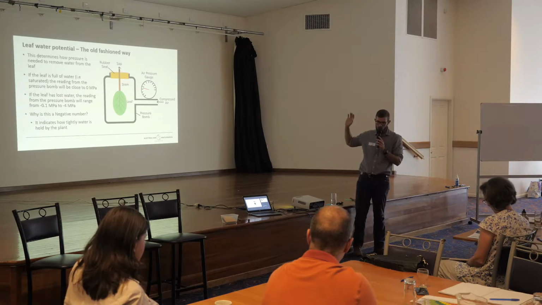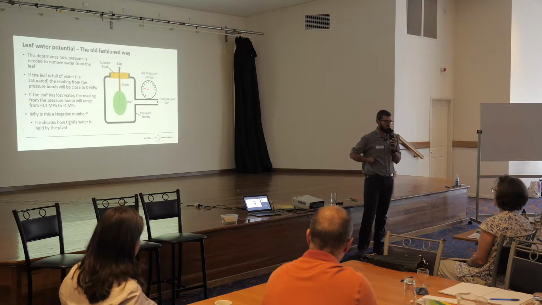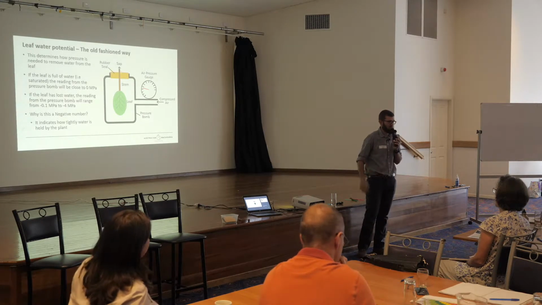Some of the almond growers in America have companies coming out and measuring this for them. So it's a service provided by external companies. I think, Dan, you've got some psychrometers as well.